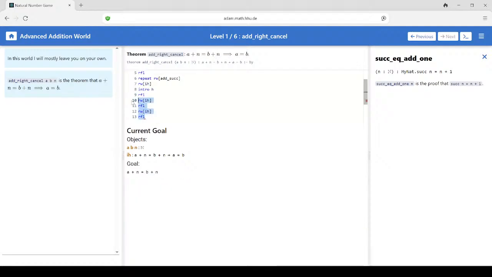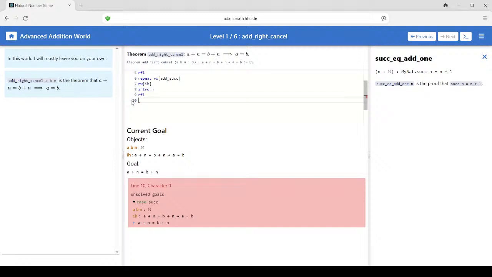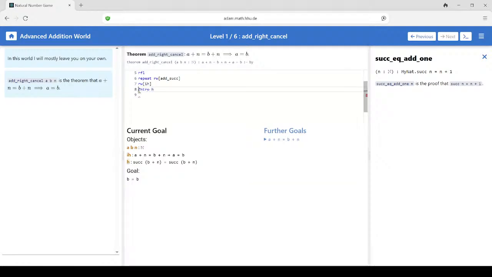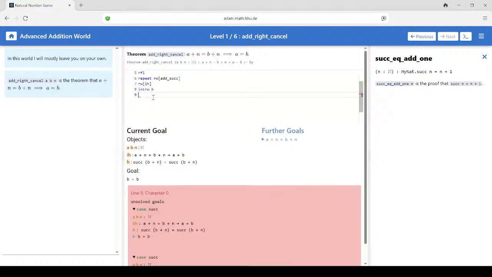What's going on? We have this on either side. Intro H. H gave us that the successor of B plus N equals the successor of B plus N.